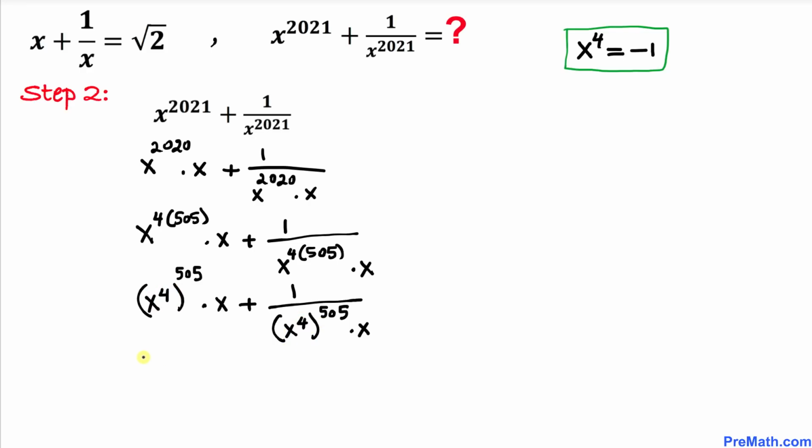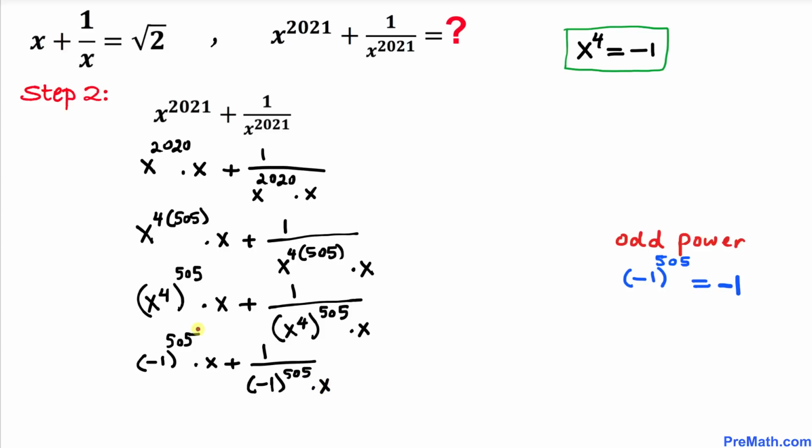So I'm going to replace them by -1. So I can write this as (-1) to the power 505 times x plus 1 divided by (-1) to the power 505 times x. And now we can see that we got these odd powers 505. So (-1) to the power 505 is going to be equal to -1, since we are dealing with odd powers.